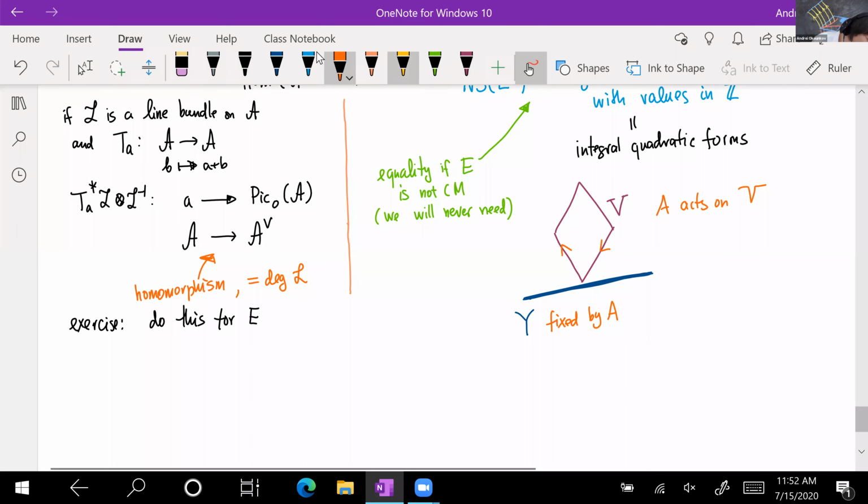Then remember we talked about this theta of V, which is a section.